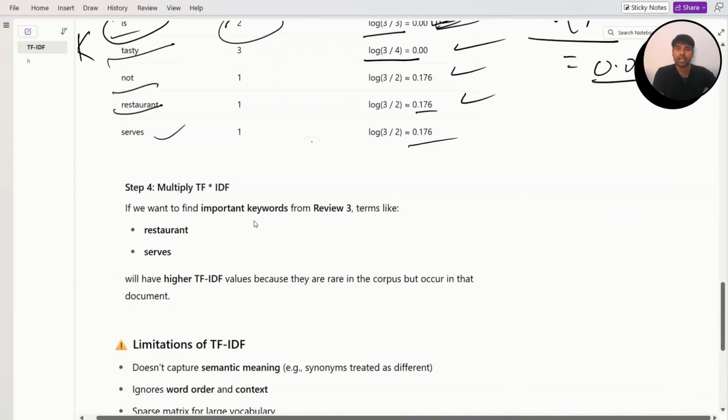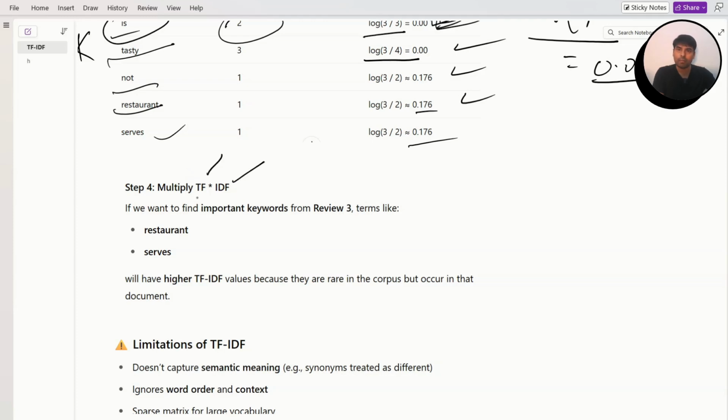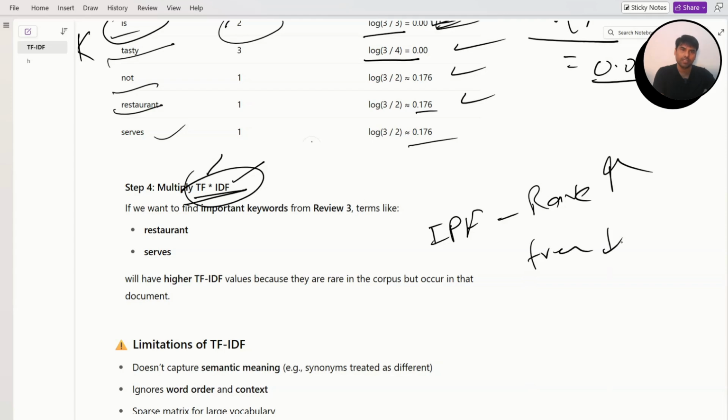After calculating TF separately and IDF separately, if you multiply them to get TF-IDF, generally you will find this observation: IDF for a rare word is higher, and IDF for a frequent word will be lesser. Here, for example, restaurant and serve are the rare words.